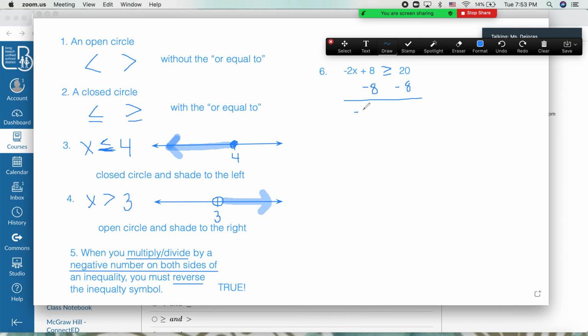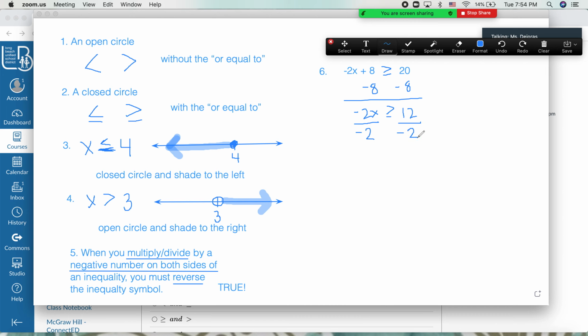That will now leave me with negative 2x is greater than or equal to 12. Recall that negative 2x is the same thing as multiplication, so it's technically negative 2 times x. So to get this x on its own, I'm going to divide both sides by negative 2.